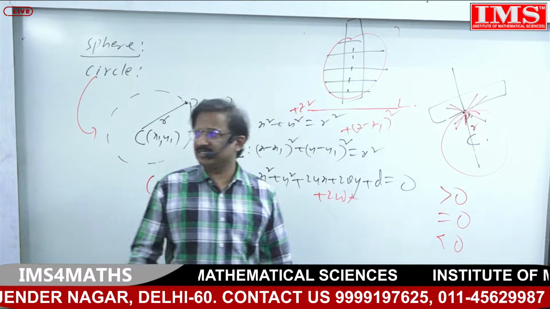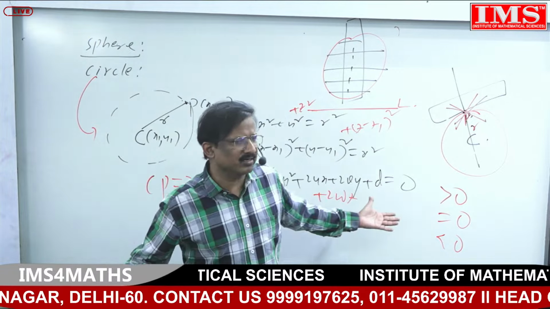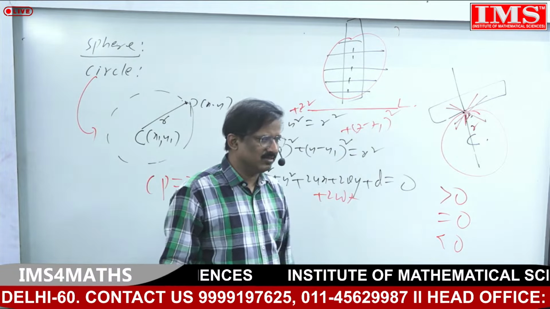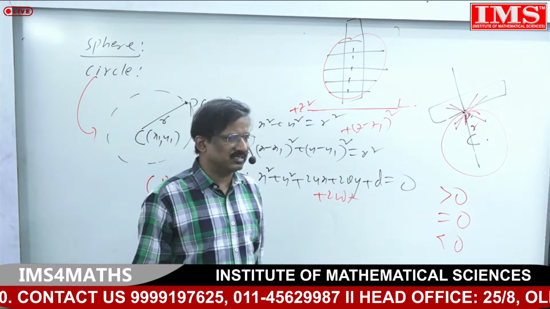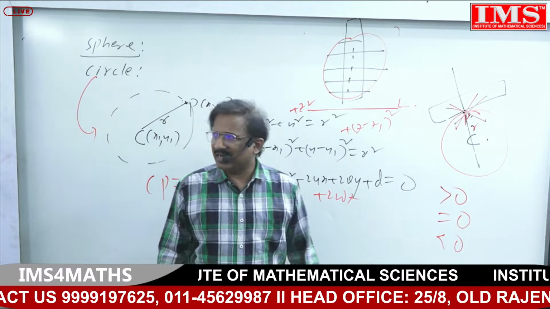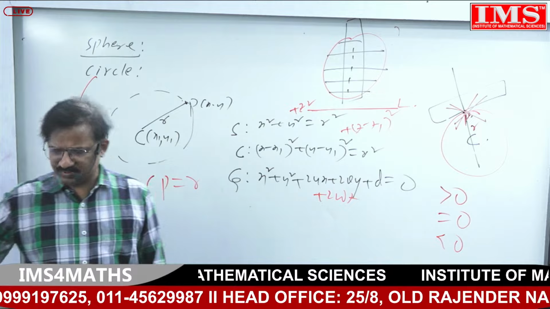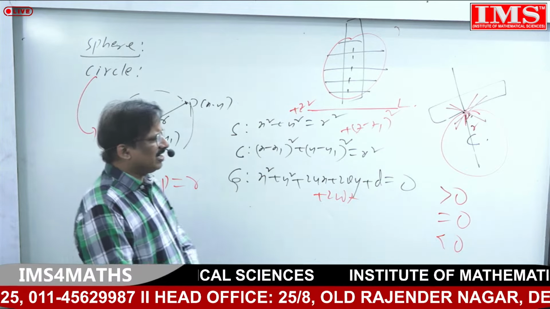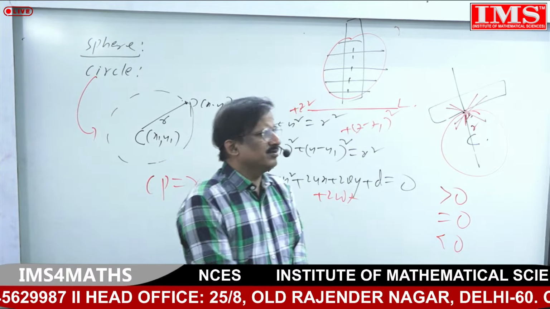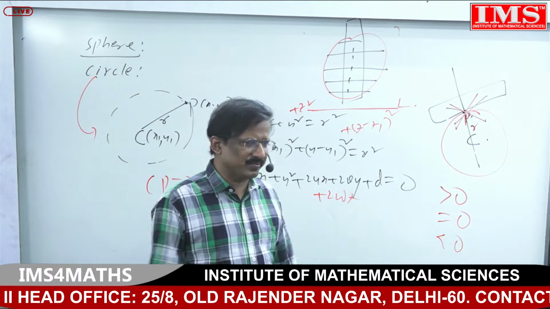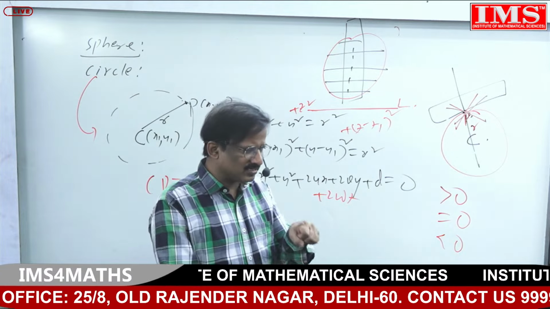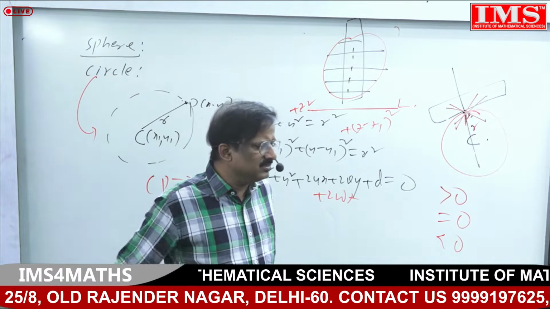This kind of information we can expand to any level. It's one sample which I just wanted to say. And in the sphere, we can also have the intersection of two spheres. Intersection may happen externally, intersection may happen internally.